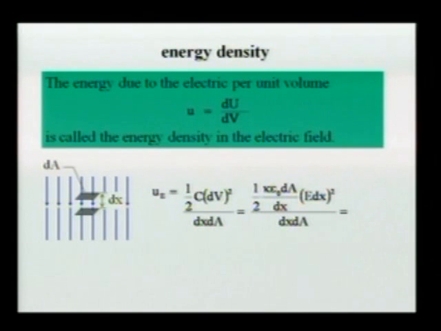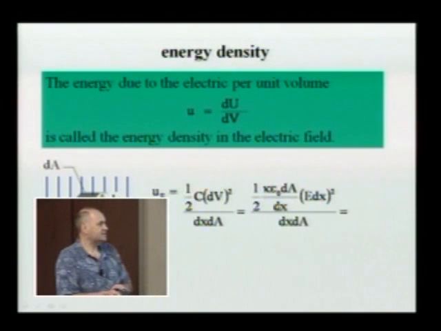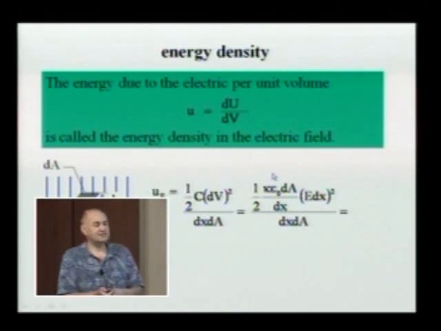Actually, no matter what, I can have any type of medium. So capacitance will be the dielectric constant of the medium times the permittivity of free space, times the area of the plates, divided by the separation between the plates. This expression represents the capacitance of this small capacitor.